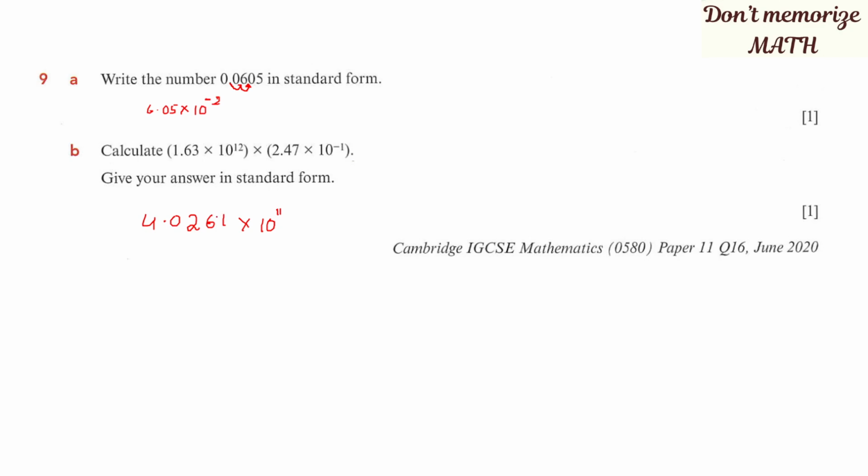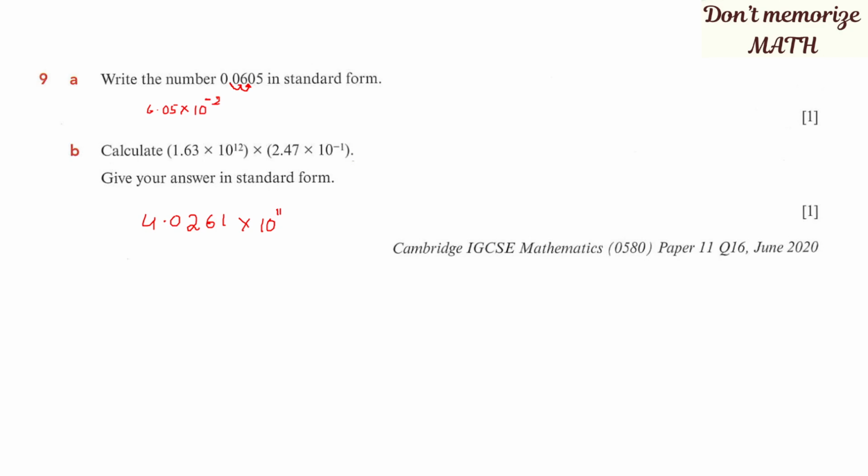I hope this part is clear for you, and it is very important that you know how to change a number to standard form. Standard form is very important. As you all know, that will come in the first part, like a one mark question. For multiplication and division you will get maybe 2 marks or 3 marks.